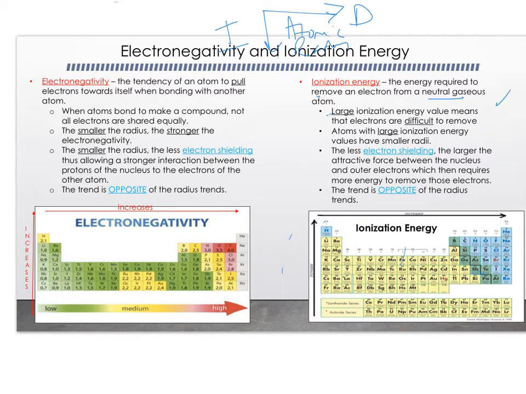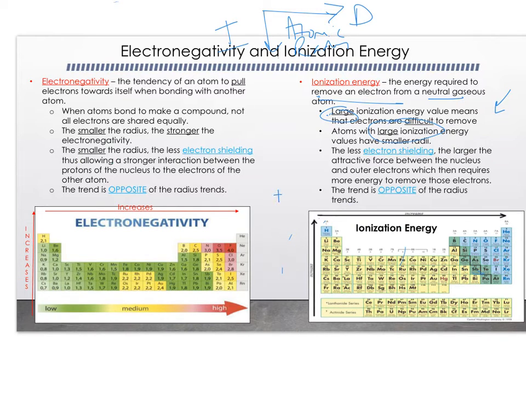The larger the ionization energy is, the more difficult it is to remove that electron. The energy required to remove an electron is your ionization energy. So large ionization energy values mean that the electrons are very difficult to remove. Atoms with large ionization energy values are going to have smaller radii.